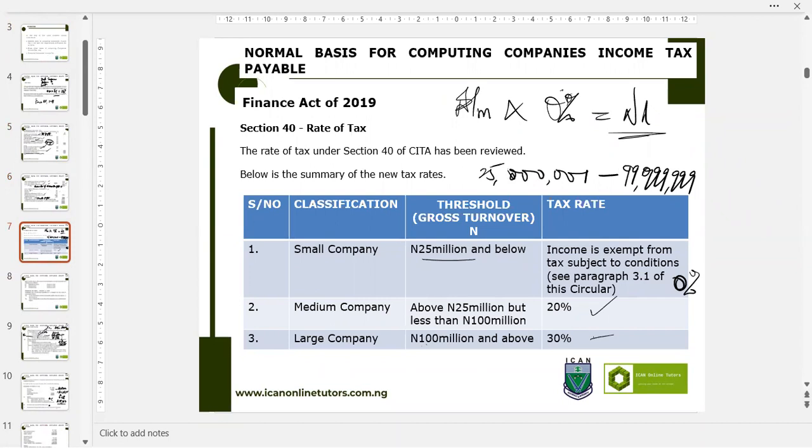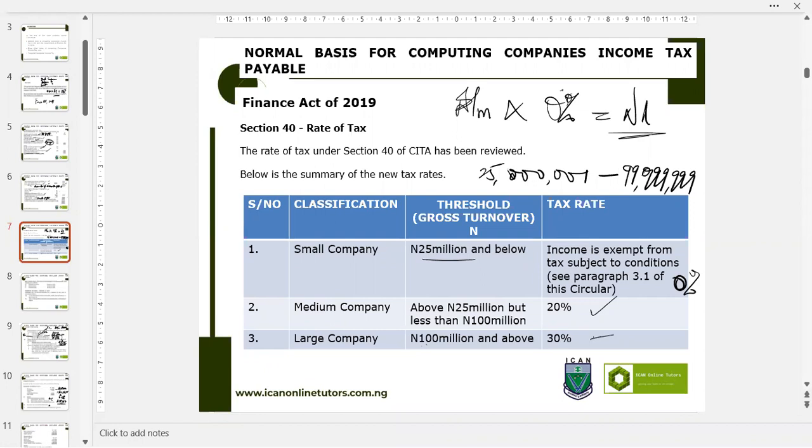Then another thing is that for small companies in the manufacturing sector, dividends received from small companies in the manufacturing sector in the first 5 years of operations are exempted, okay? So please take note of this.